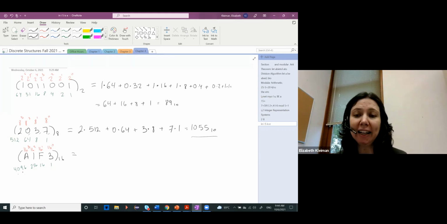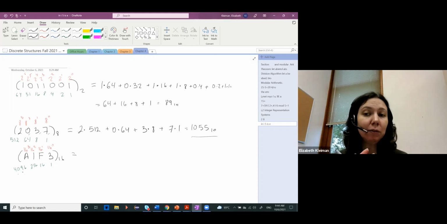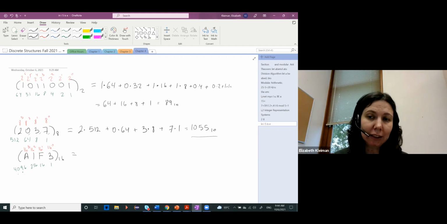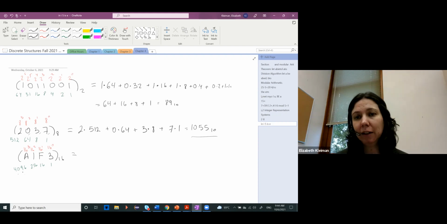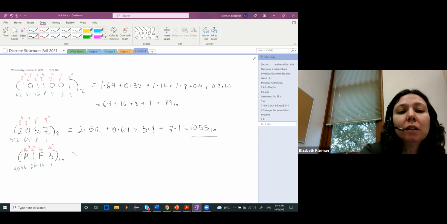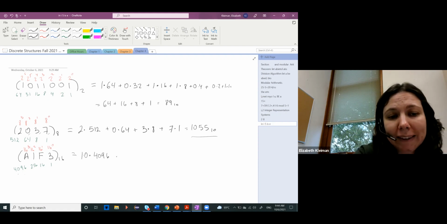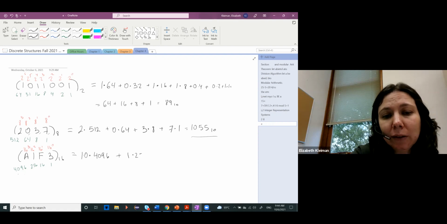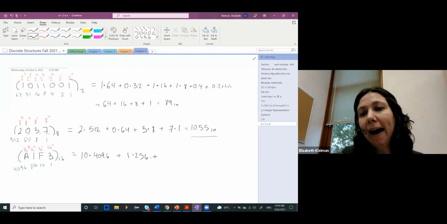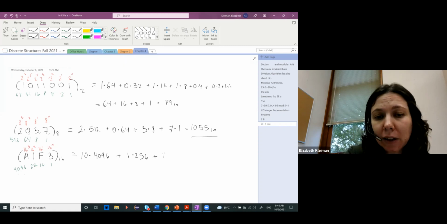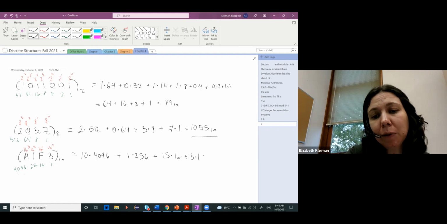And then instead of 10, we are getting A. Instead of 11, we are getting B. Instead of 12, C. 13, D. 14, E. And 15, F. Okay? So those are the things to remember. So A is actually 10, and we multiply by that. 1 is still 1, so we leave it as is. F is 15, so you have 15 multiply 16, and then we have 3 multiply 1.